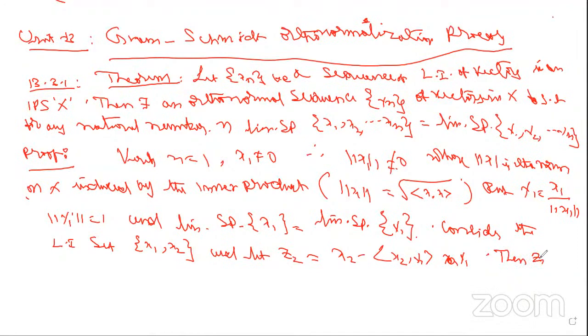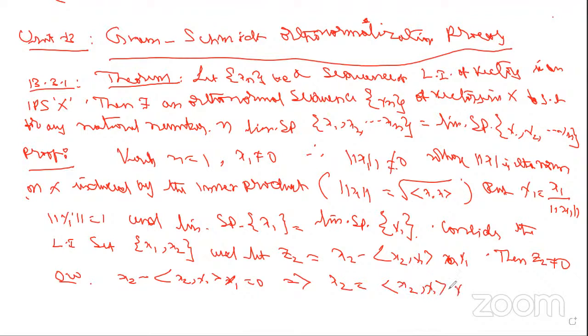Then z2 is not equal to 0. Otherwise, x2 minus the inner product of x2 comma y1 times y1 equals 0, so transposing, x2 equals the inner product of x2 comma y1 times y1.